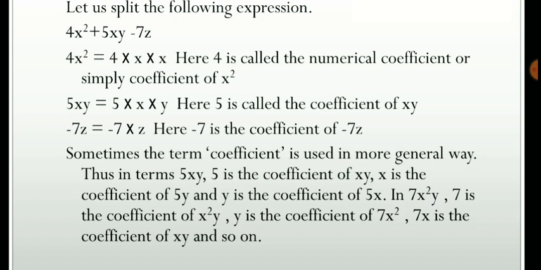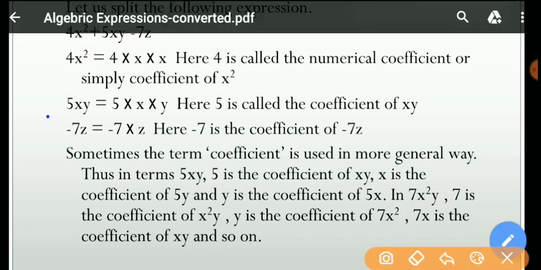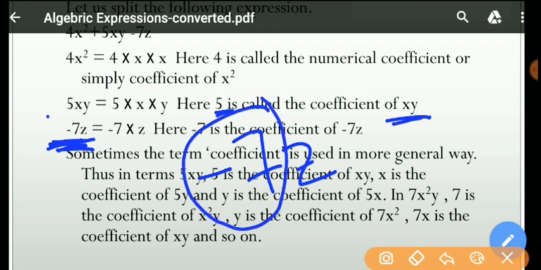Okay, let us see something more. So 5xy, so the 5 is called the coefficient of xy. Very important thing, minus 7z. Why am I telling it is a very important thing? Because of this sign. So you see minus 7z, so this minus 7 is the coefficient of z. Don't be confused with this. You probably may be thinking that 7 is the coefficient of z.